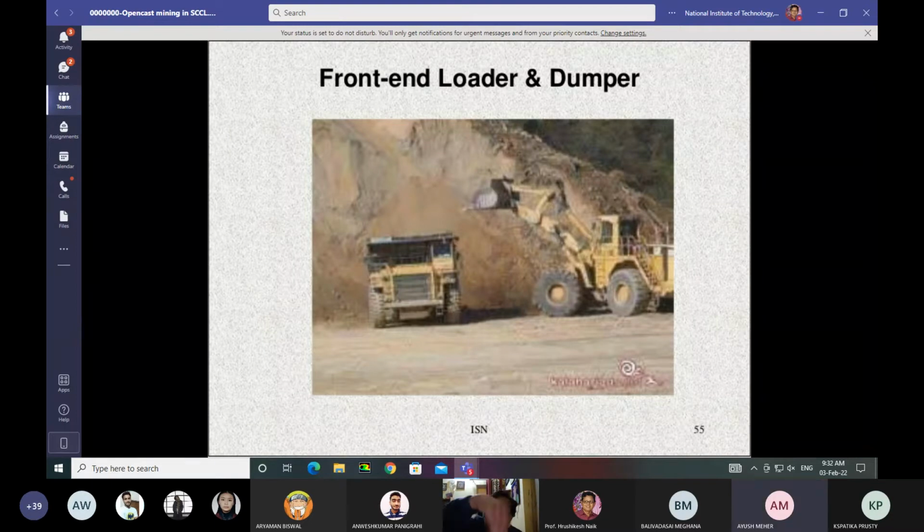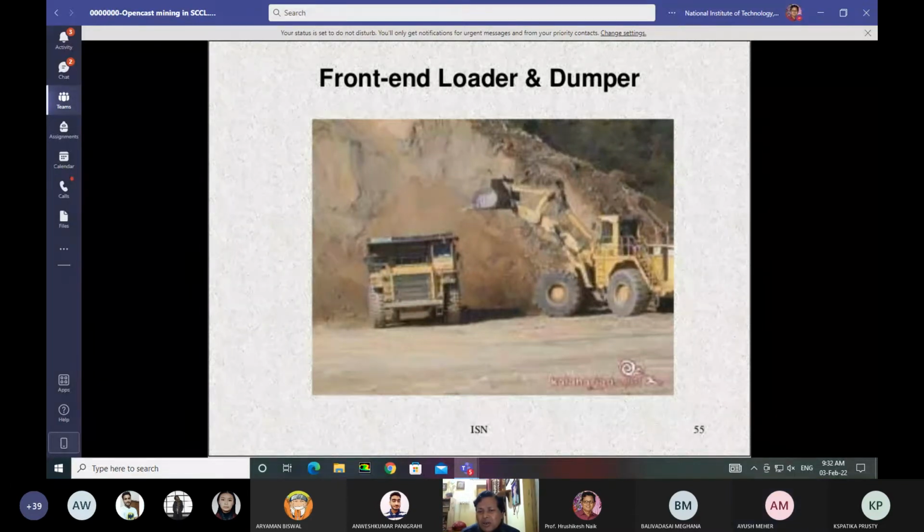Sir, does it depend on where it is sitting? Like the sitting position of the shovel, at the same level as the dumper or at an upper level?